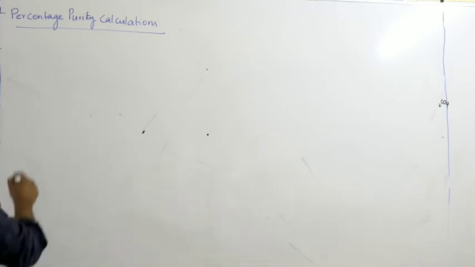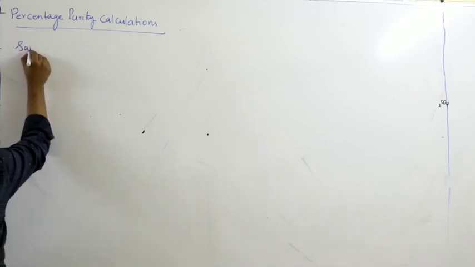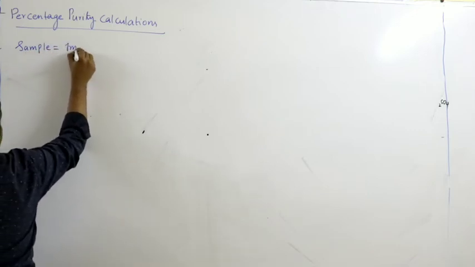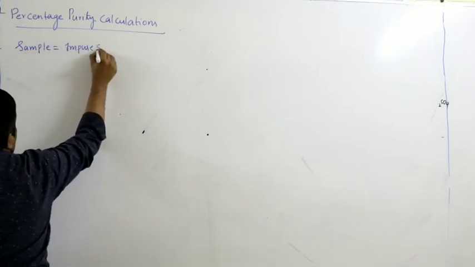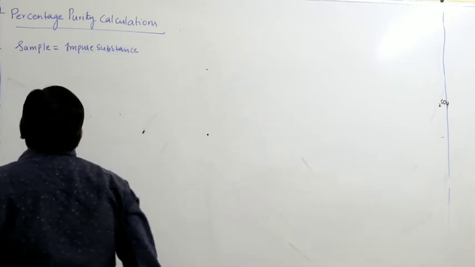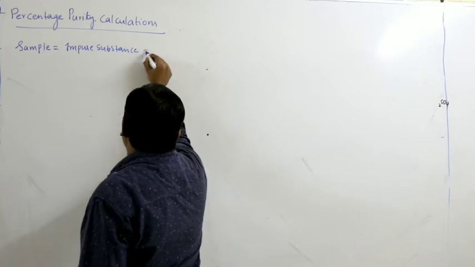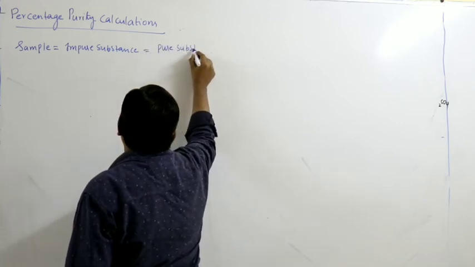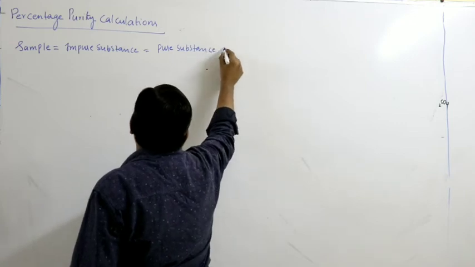So a sample will be given, which is an impure substance. The meaning of impure substance is it contains pure substance plus impurity.